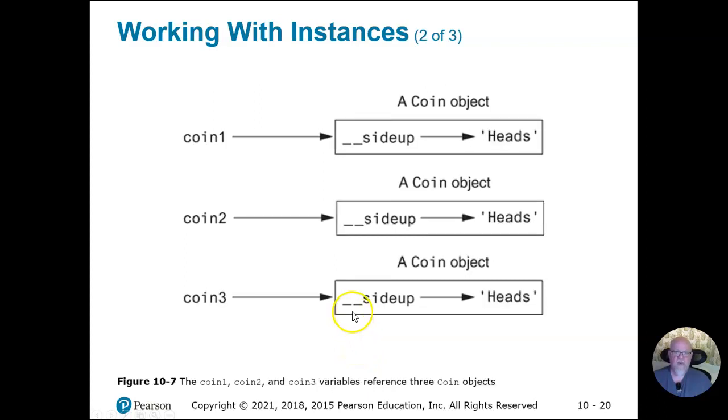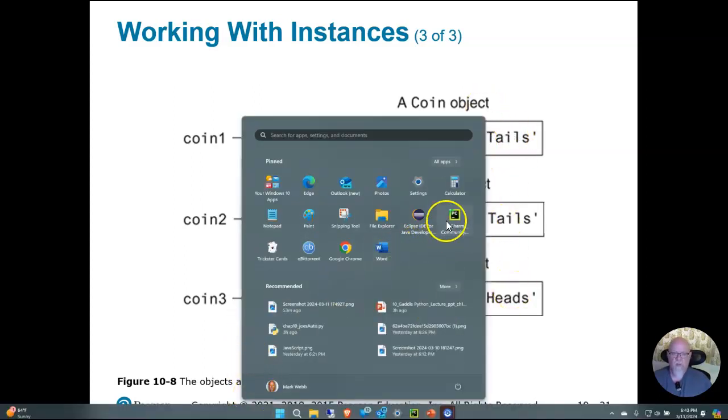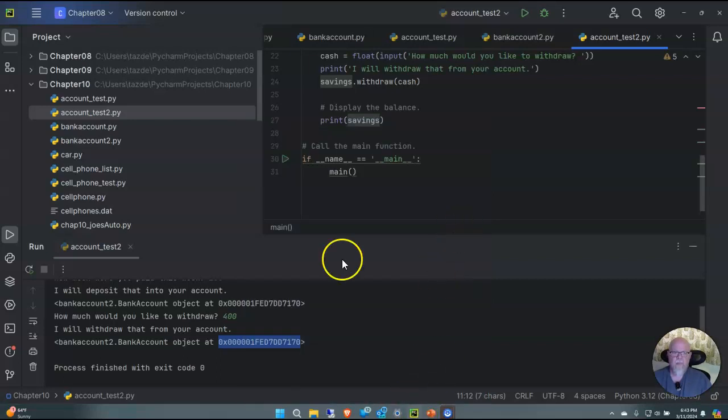What they're showing here is coin 1 could have heads, coin 2 heads, coin 3 heads. Then when we run it, it might be tails, tails, heads, whatever the case may be. So let's take a look at what we mean by that. I'm going to open up Coin Demo 5.